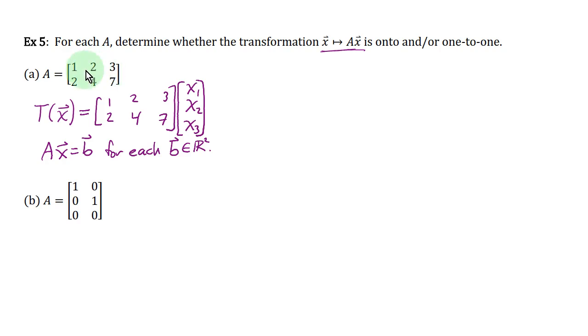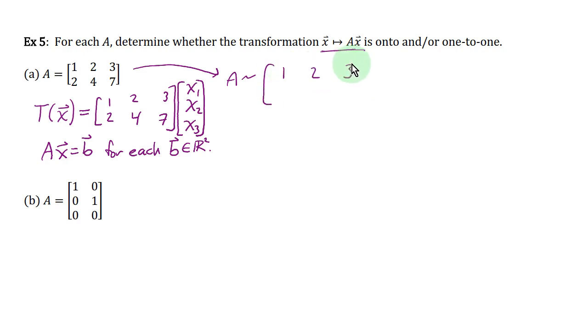So to row reduce this matrix, this A is equivalent to, I'll leave the first one alone, and then do 2 times the first row plus the second row to replace the second row. Did I say 2?